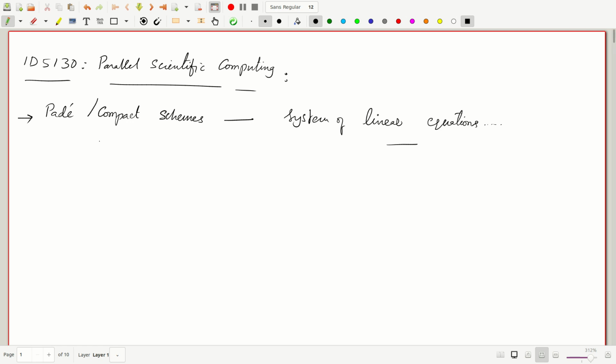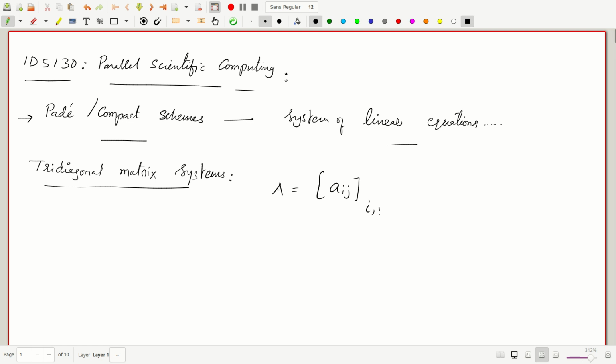We also noted that the use of such implicit schemes resulted in something known as tridiagonal matrix systems. What we mean by tridiagonal is this: if you have a matrix A with elements A sub ij, where i, j belong to 1, 2, 3 all the way to n, it is called a banded matrix or a tridiagonal matrix.